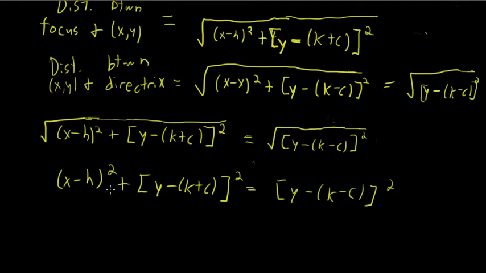So you'll see here on the left side of the equation we have the sum of a pair of binomials, each of which is squared. And on the right side we have just the square of a binomial. So I'm going to go ahead and expand both of these sides now.